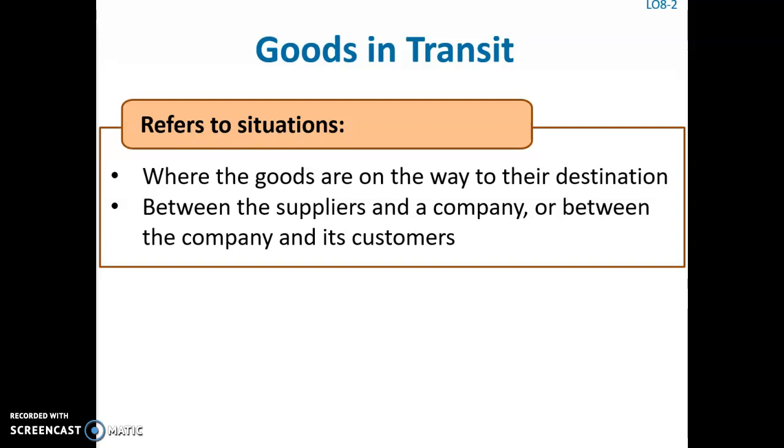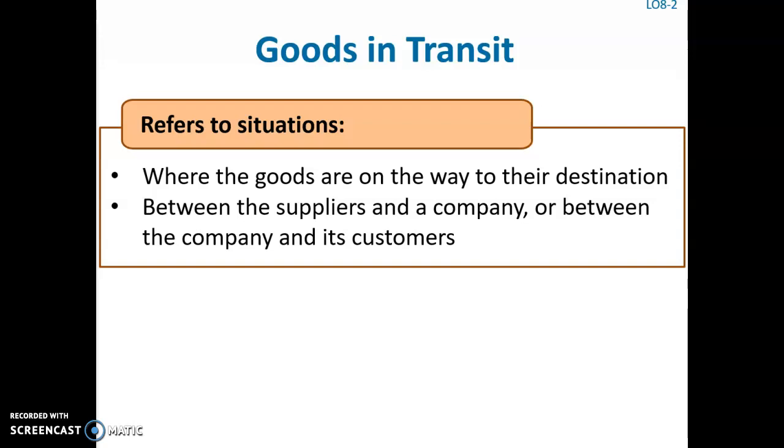At the end of a reporting period, it's important to ensure proper inventory cutoff. This means that ownership must be determined for goods that are in transit between the company and its customers, as well as goods that are in transit between the company and its suppliers.